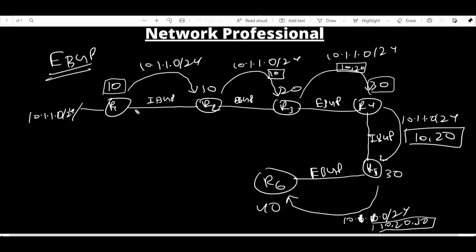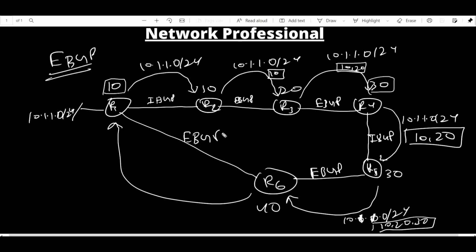Okay, and suppose R1 and R6 are connected together. Now R6 will again share the update to R1, and the neighborship is eBGP. So eBGP neighbor means this router will include its own AS number.